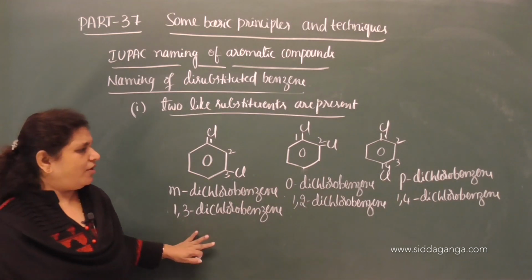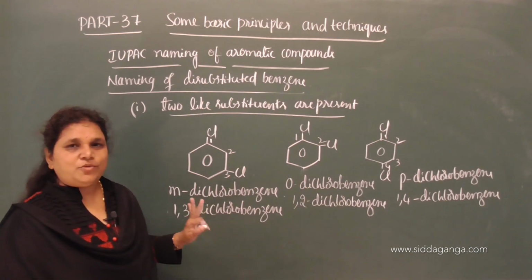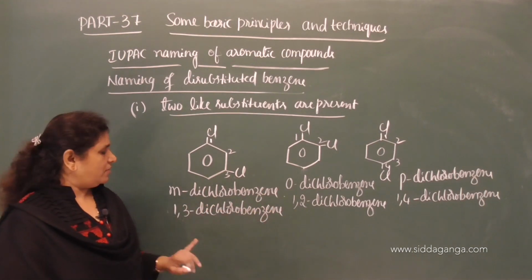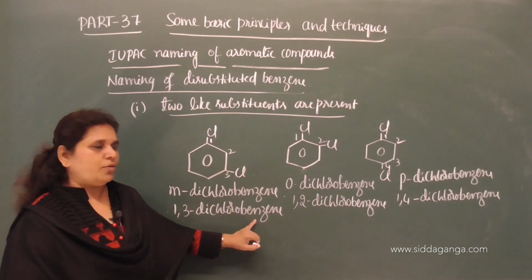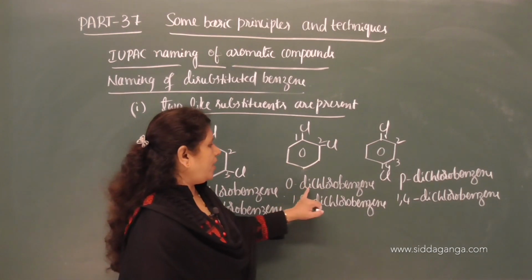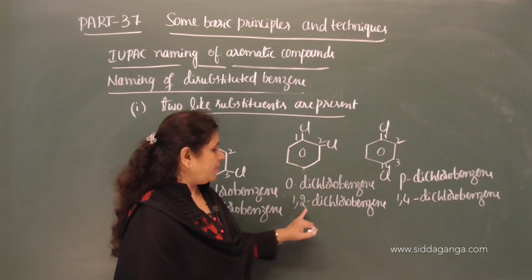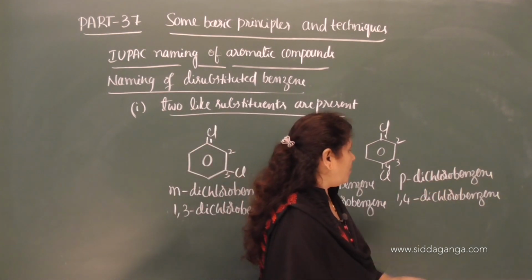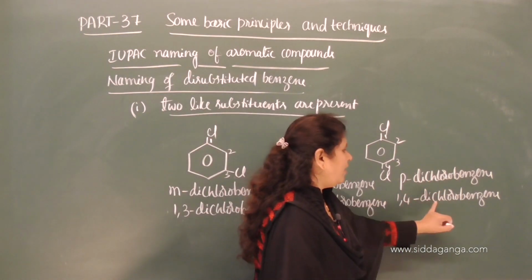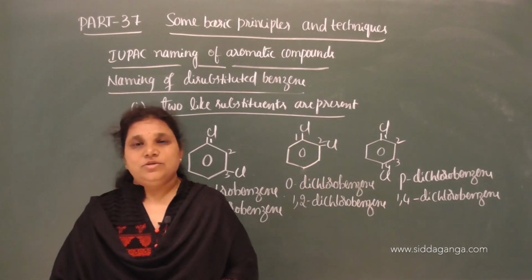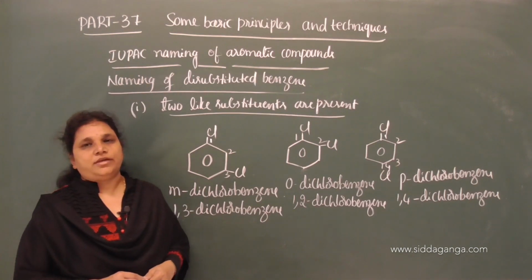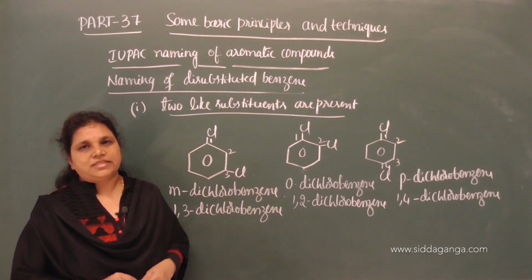So, in that way you need to give the position of 2 substituent groups on the benzene. Meta dichlorobenzene, 1,3 dichlorobenzene; ortho dichlorobenzene, 1,2 dichlorobenzene; and para dichlorobenzene, that is 1,4 dichlorobenzene. This is whenever similar or like substituent groups are present on the benzene ring.